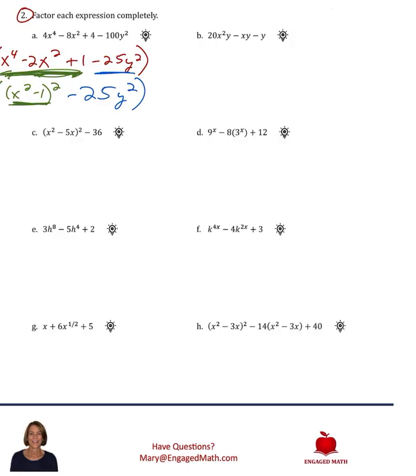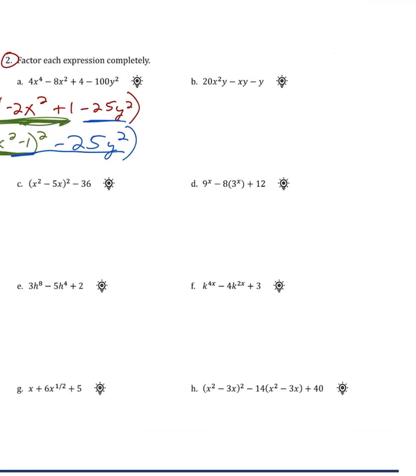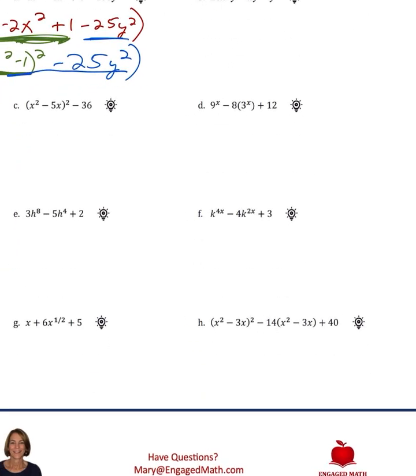Now, the great news is we are almost done, because this 4 is going to repeat one more time. So that keeps getting written down. And now it's the difference of 2 squares, because x squared minus 1 to the second is a perfect square. 25y squared, sorry about that, is also a perfect square.